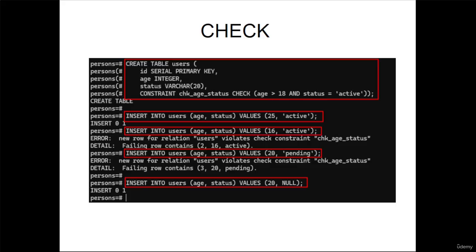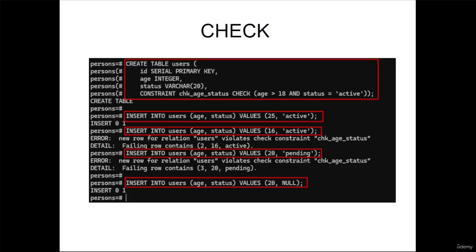Result: fails. Reason: age equals 16 violates age greater than 18. INSERT INTO users (age, status) VALUES (20, 'pending'). Result: fails. Reason: status equals pending violates status equals active.